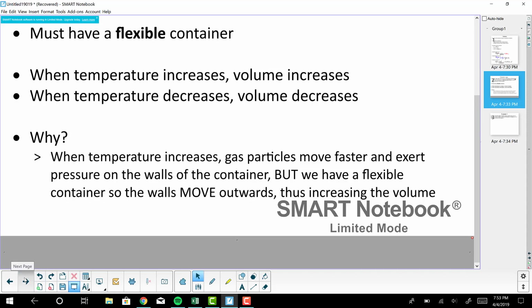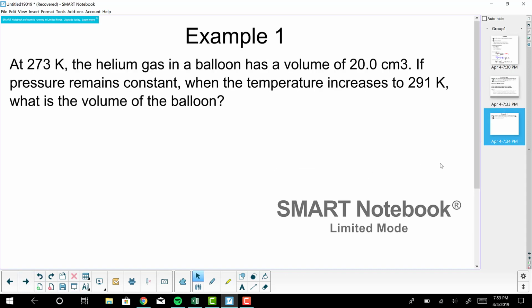Now let's do an example problem together. So example 1 states that at 273 Kelvin, the helium gas in a balloon, they said balloon, so we have a flexible container, has a volume of 20.0 centimeters cubed. If pressure remains constant when the temperature increases to 291 Kelvin, what is the volume of the balloon?